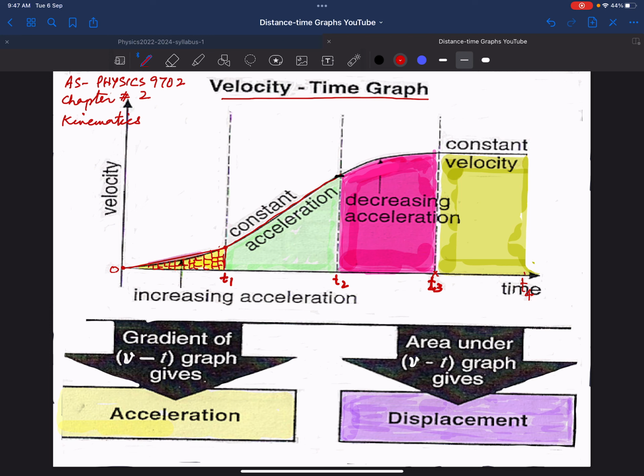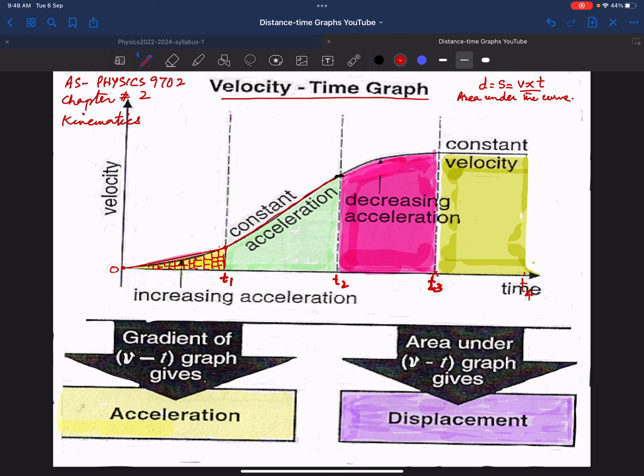One is the concept of the displacement d or s, which is basically v into t. So if you have a velocity time graph, then when you multiply the value of velocity and time, you will get the area under the graph.